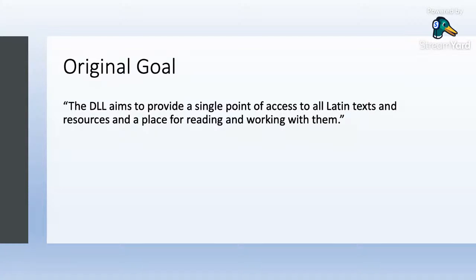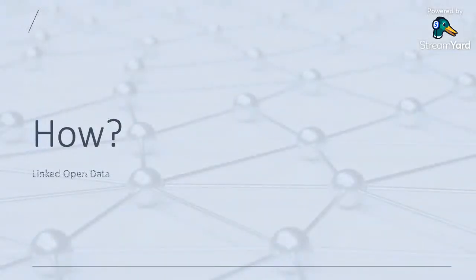That's a pretty ambitious goal. And the way we planned to pursue that goal was through linked open data. That was the watchword or the watch phrase for this entire project.